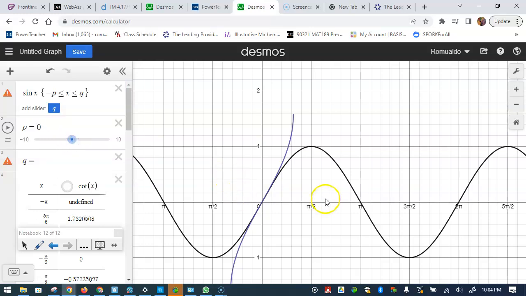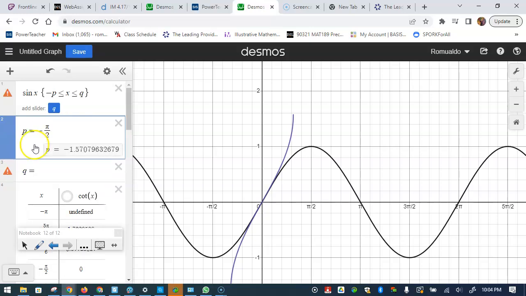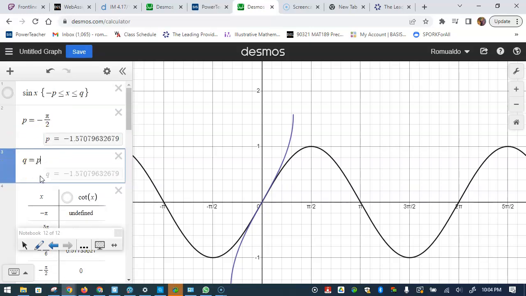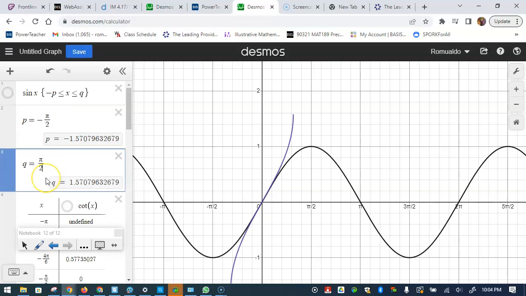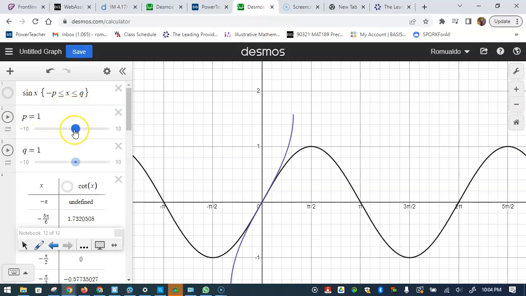There you go. If I restrict p and q, I can do this even from minus pi divided by 2 and q as pi divided by 2. Let me take this off and put a slider and put p as minus pi by 2.